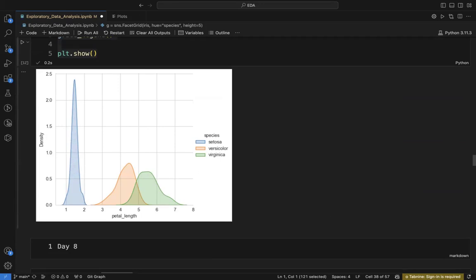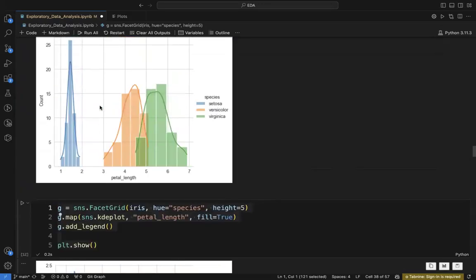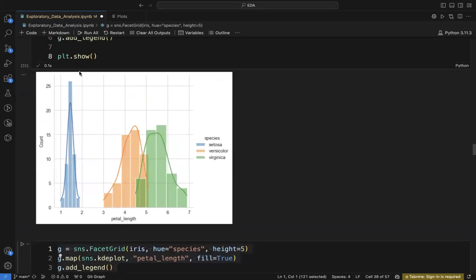The x-axis here is the petal length and the y-axis is the histogram, or the counts of values. That is all the histogram is. Histogram shows you the count of the values in any particular bucket.